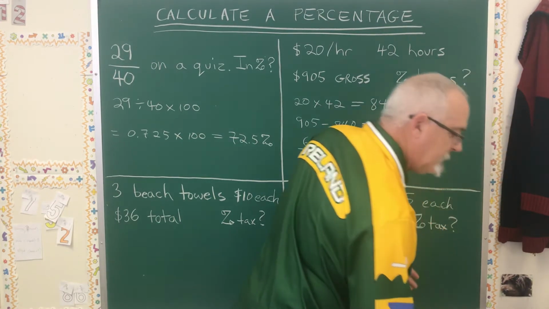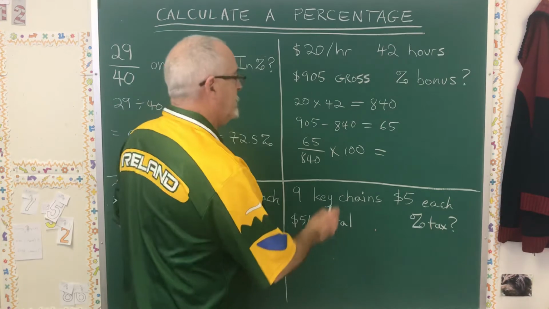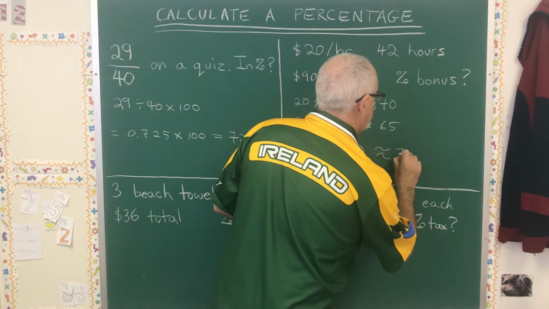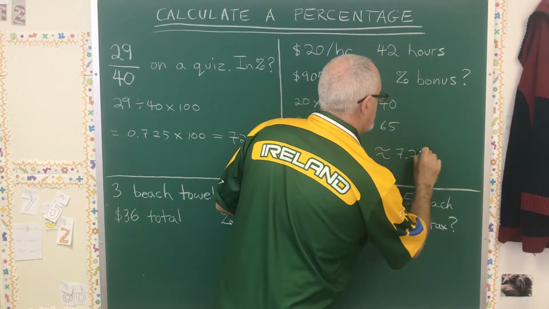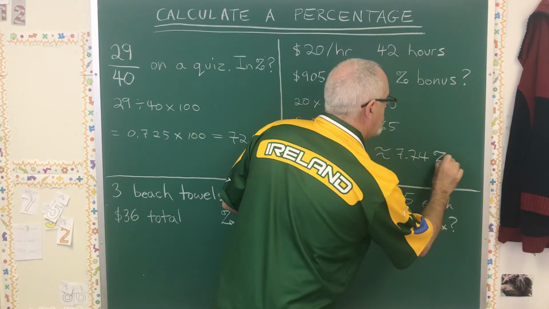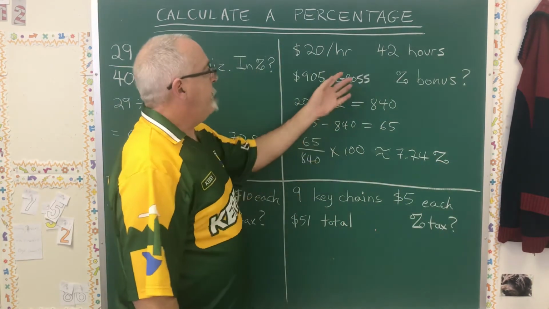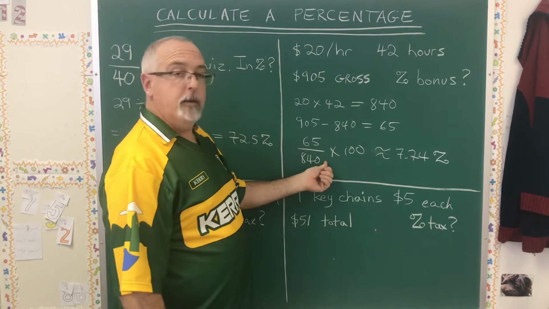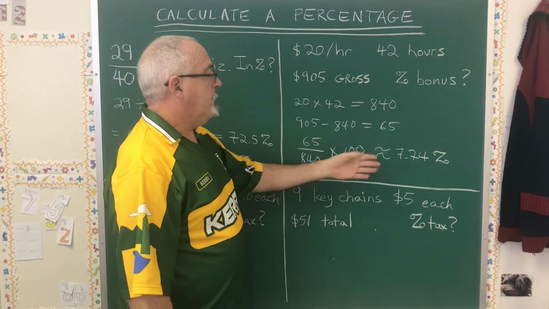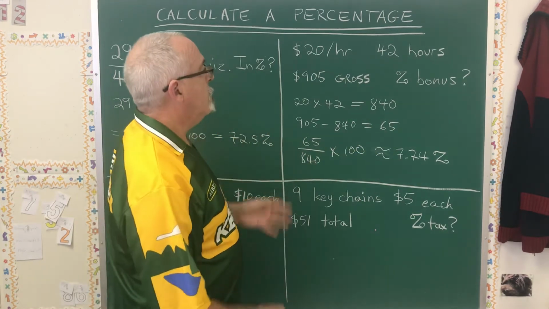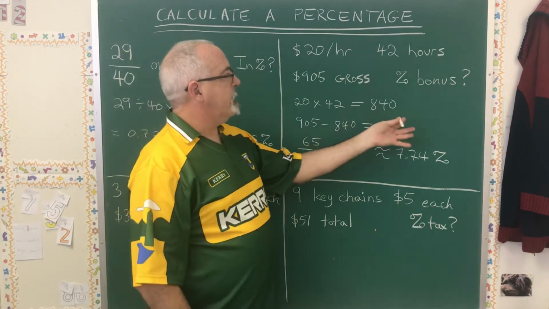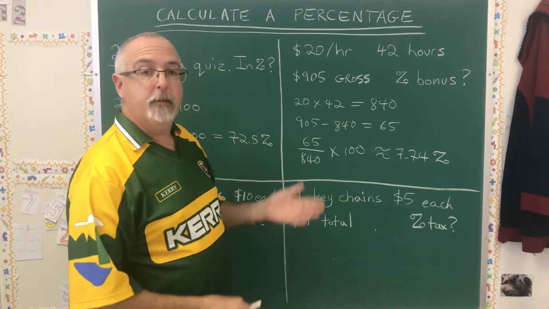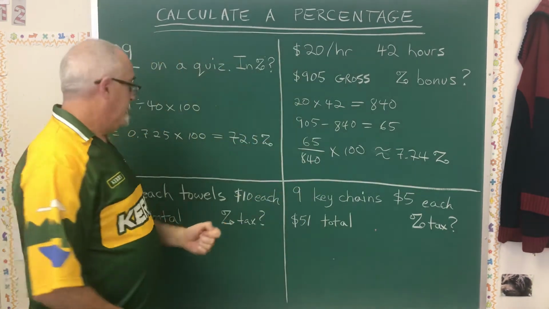And our answer rounds to 7.74. We figure out the difference, we divide the difference by the total, and multiply by 100, we have a percent. So the bonus for commission was 7.74% of the earnings from the salary.